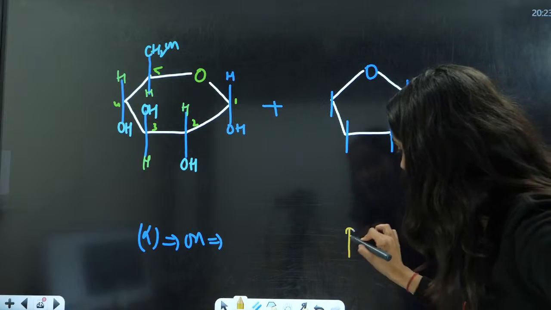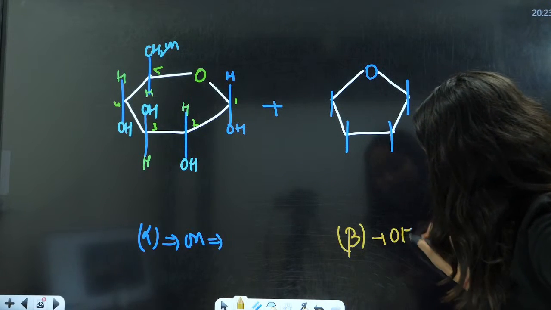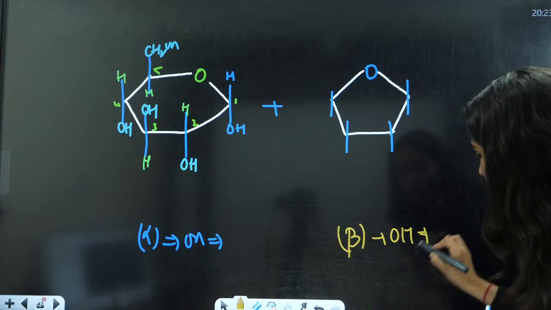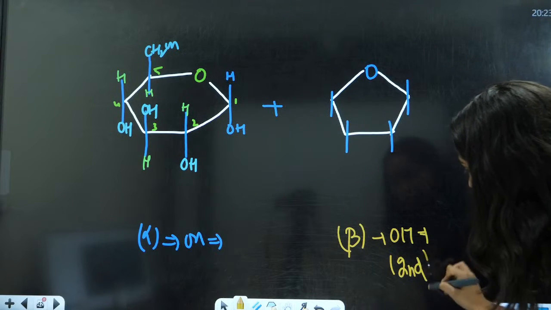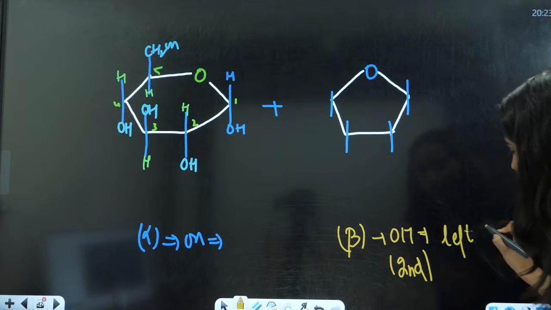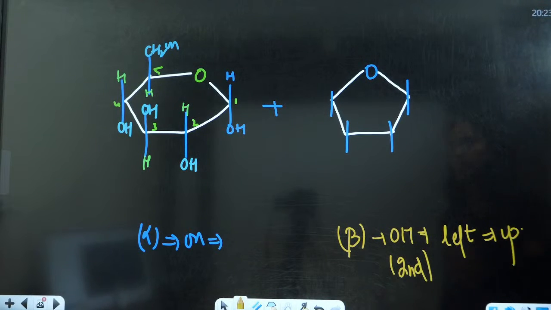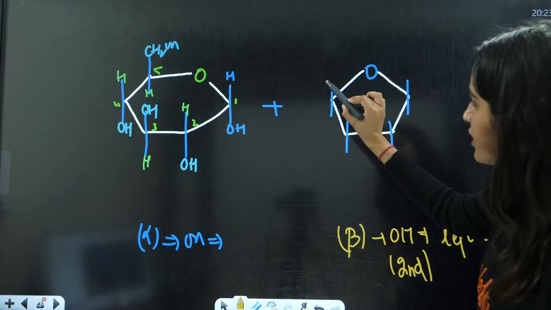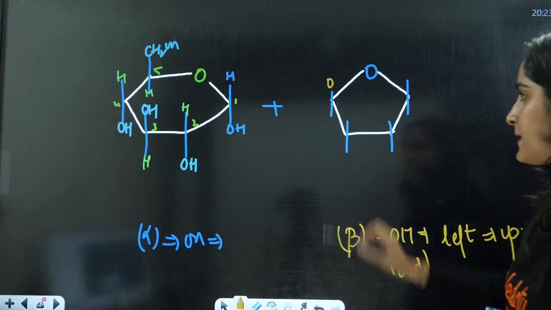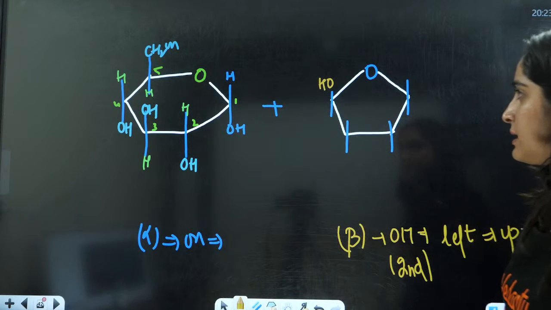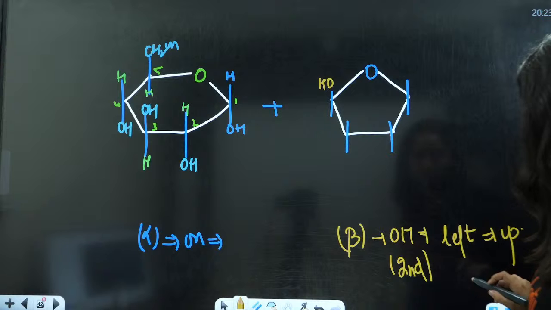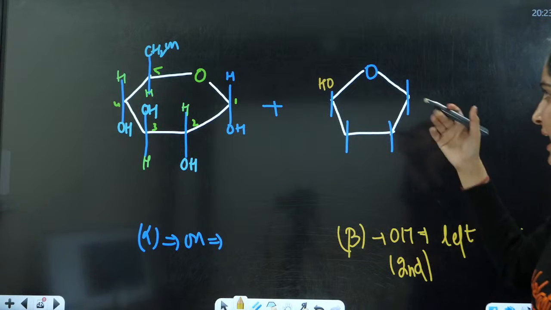If I am talking about beta, that means OH should be on the second carbon. OH on the second carbon should be on the left side, that means it should be up. So there should be OH here. OH on the left side, that should be up.